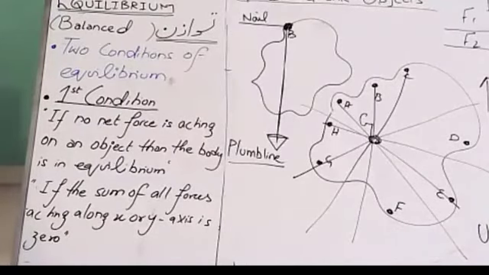It is going to be in an equilibrium state. Either no net force is acting. Net force means that if the sum of all the forces acting upward and the sum of all forces acting downward are zero, then we say that the body fulfills the first condition of equilibrium.